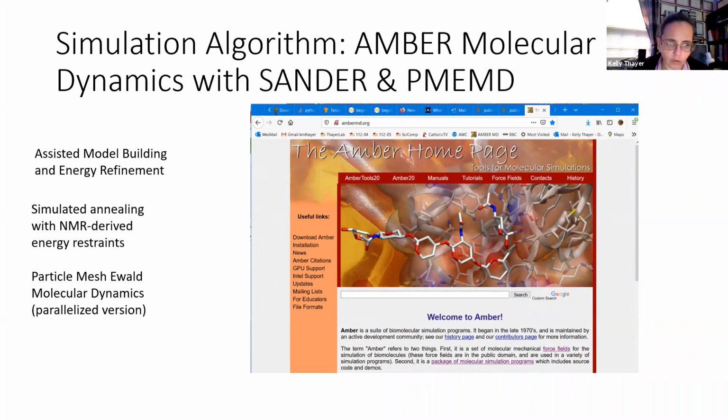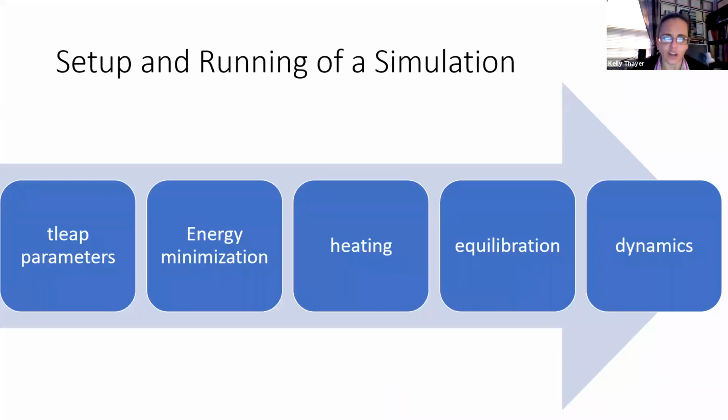And so that was what has really made things much faster. And because GPUs are so great at it, that's why PMEMD is now the state of the art for MD simulations.